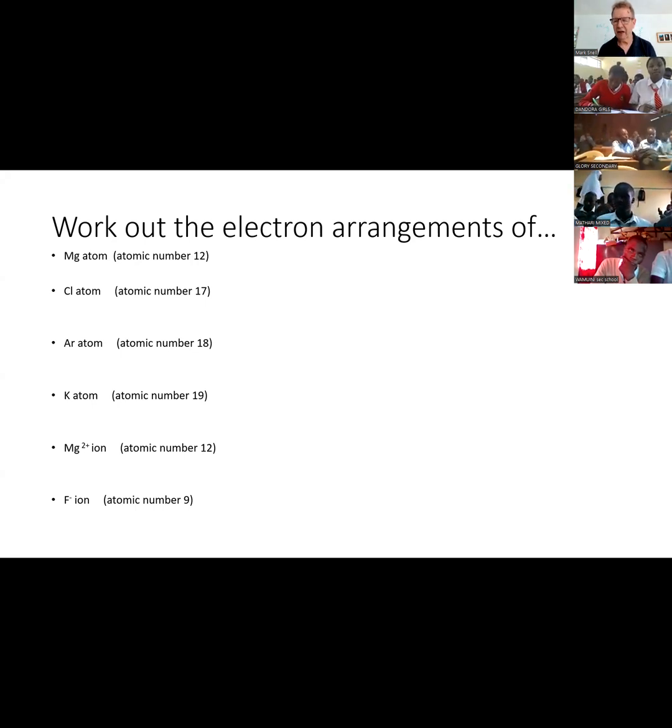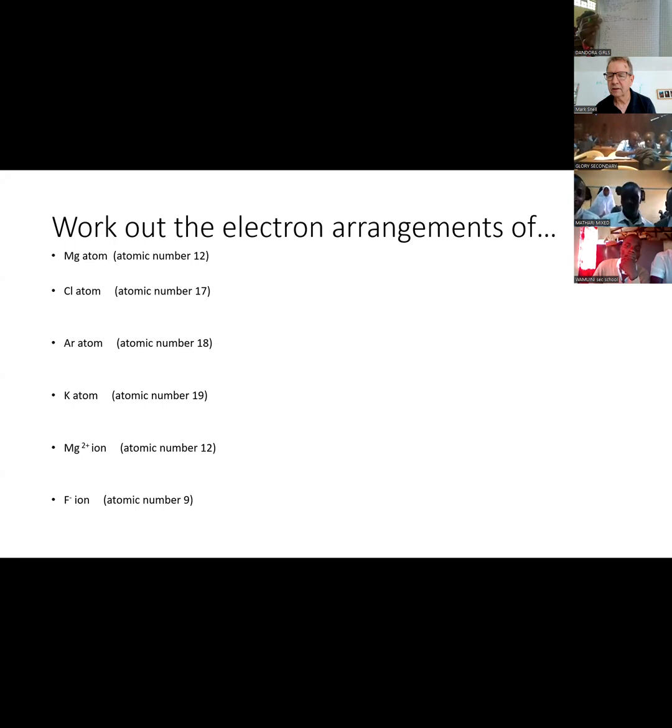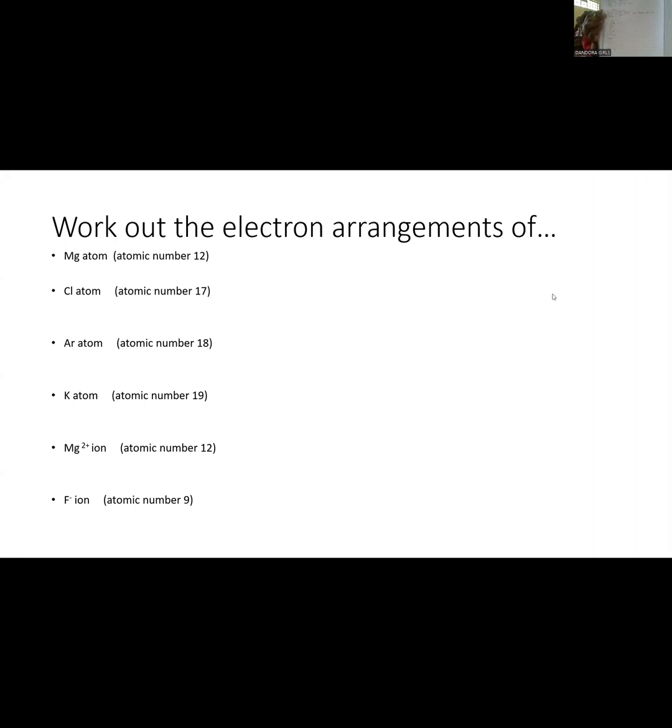Okay, has everybody done that? I'll just have a quick look at Dandora, who wanted me to have a look at theirs. Hang on, something funny is happening here.